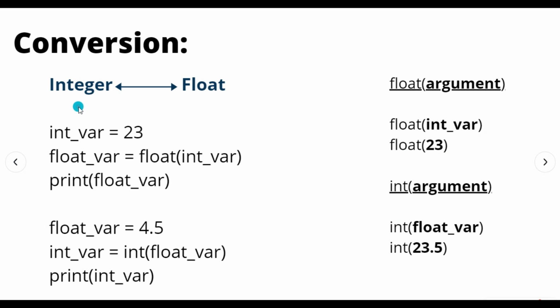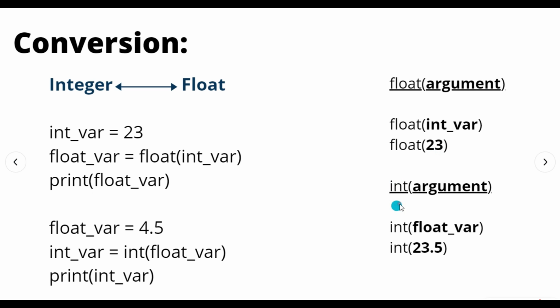So here we will learn how to convert integer data type into float data type. Before that, you should learn these two functions in Python. The first function is float, and this function as an argument will take an integer, a variable name, or directly you can put any integer value into it.